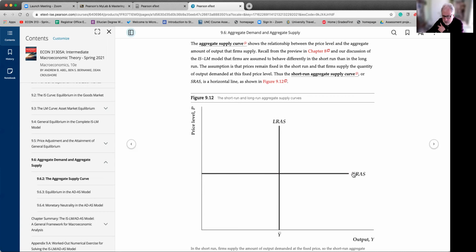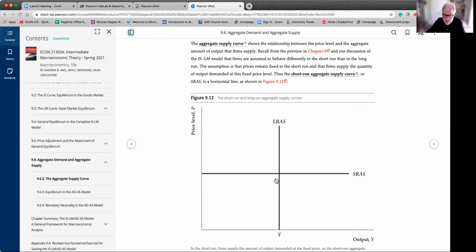That's a horizontal aggregate supply curve in the short run. In reality, and what you learned about in principles of macroeconomics, is that the short run aggregate supply curve is probably an upward sloping curve. So with any change in aggregate demand, this is really where this is all leading to: do changes in aggregate demand have an impact on the economy?